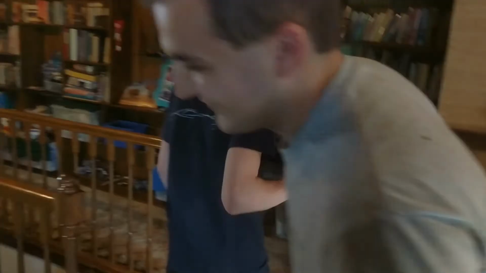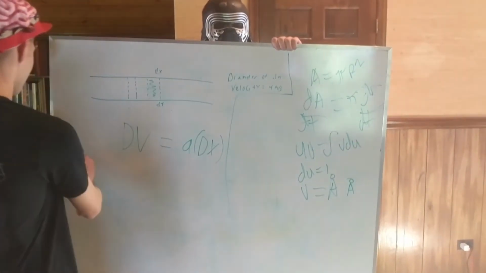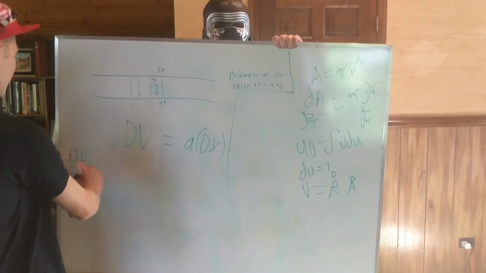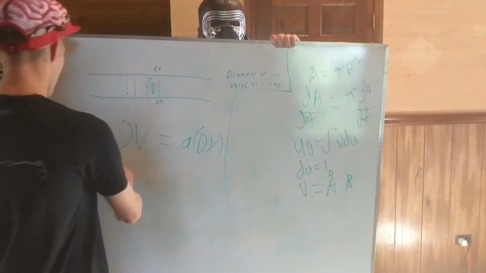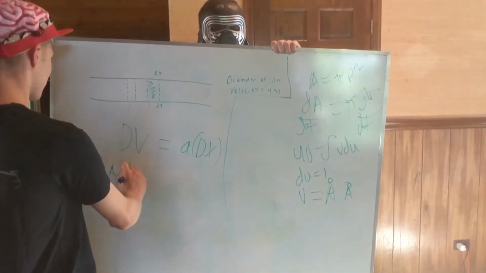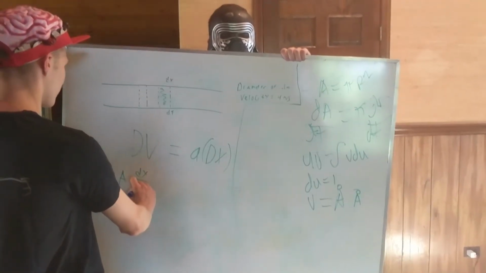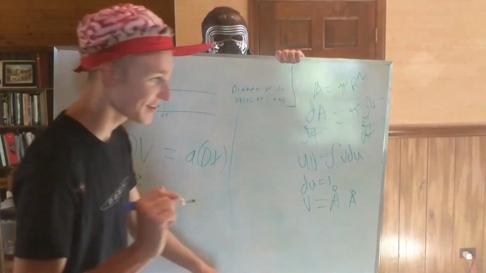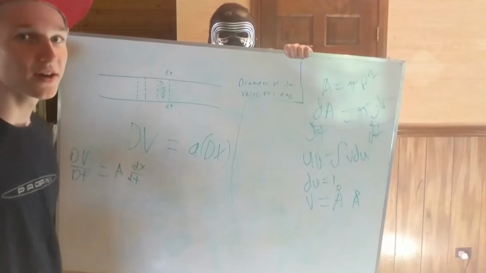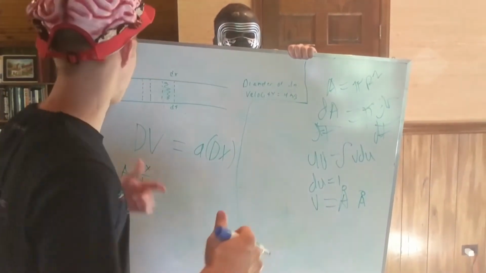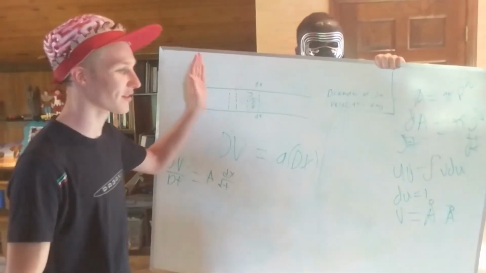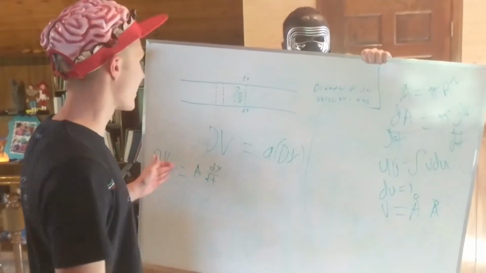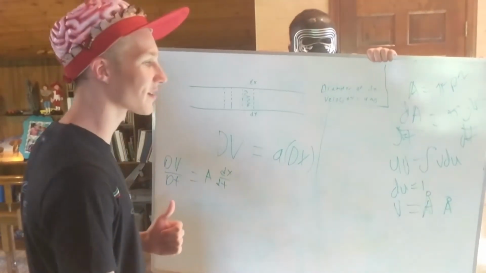Okay. So then we can say that dV over dt is equivalent to the area times dx over dt. To solve for the fluid flow through the pipe, all we have to do is take the cross-sectional area and then multiply it by the velocity at which the Sunny D is flowing.